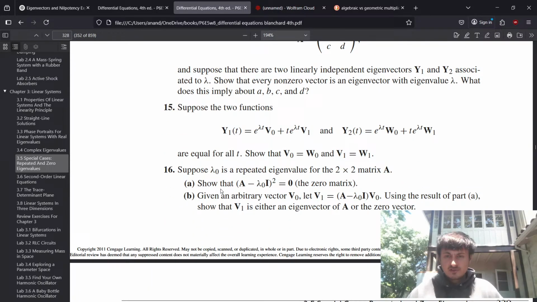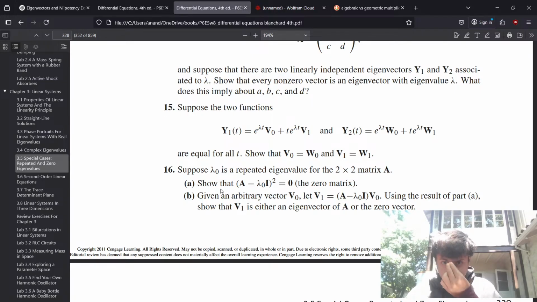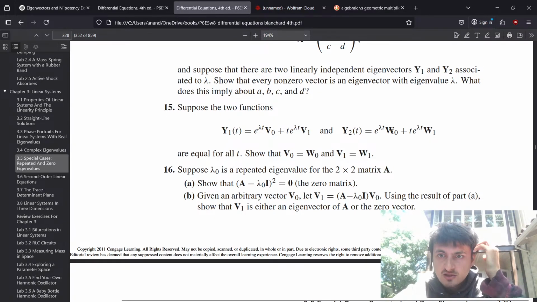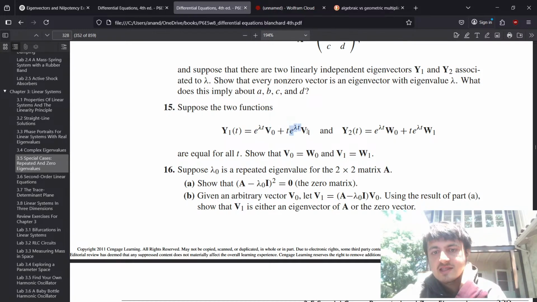15. Suppose two functions are equal for all t. Is this not just you set them equal to each other and then you say, well, this term has to be equal to this term? But actually, why is that?